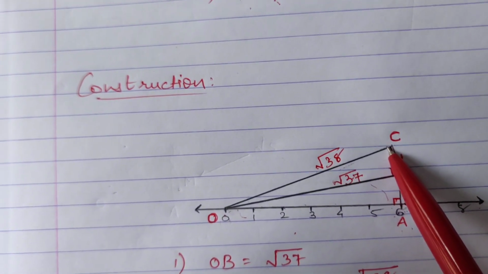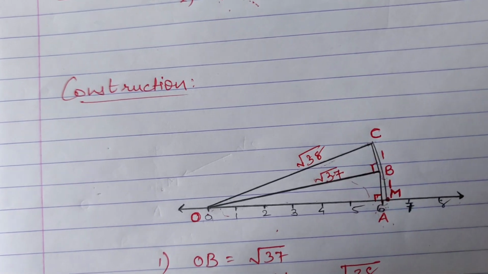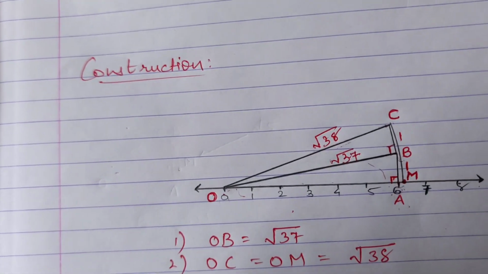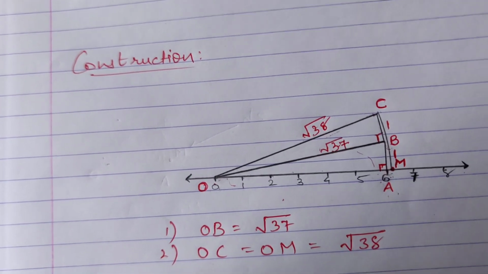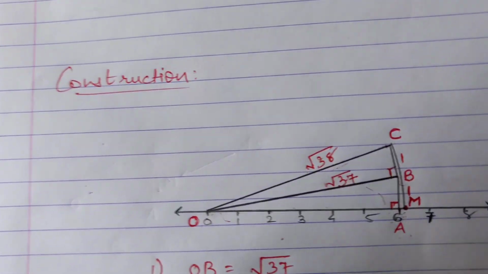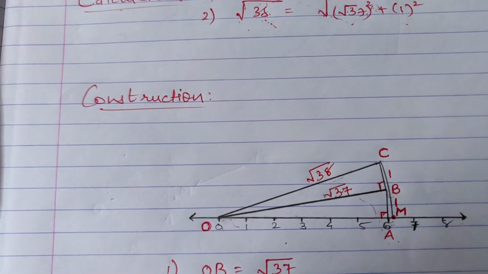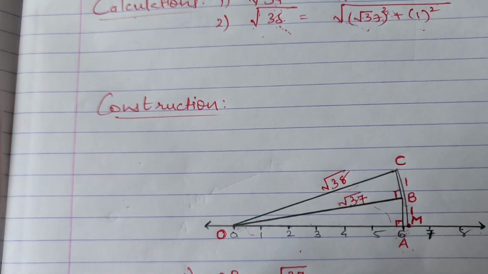To get it on the number line, we do the same way as in the last 3 examples. You just have to take your compass, which has two hands.